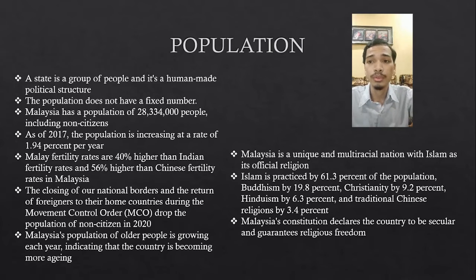This is attributed to a decrease in the number of non-citizens, who were mainly foreign employees. Over the same time frame, the proportion of the population aged 65 and above, the old age group, rose from 6.7% to 7%. The median age in 2020 also increased to 29.2 years from 28.9 years in 2019. This proves that the number of old people in Malaysia is increasing in 2020.